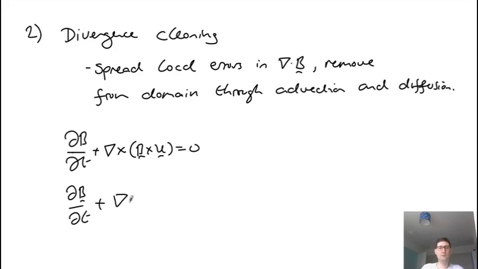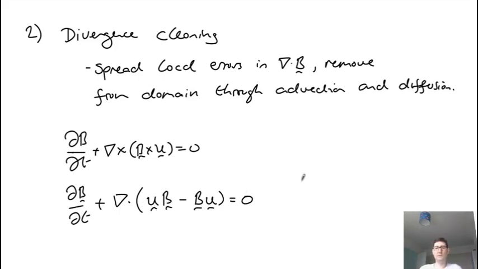So we now have a divergence of a flux, because this is the form used for all the other equations. When you have conservation laws, you end up with d/dt of some quantity like momentum or density, and then a divergence of a flux. And the flux for the magnetic field can be written as UB minus BU. This is a dyad, so it's two vectors next to each other, so it has two indices.